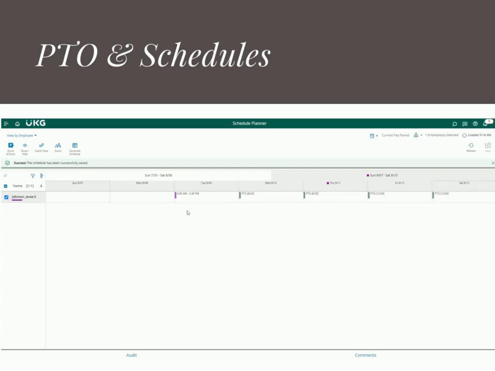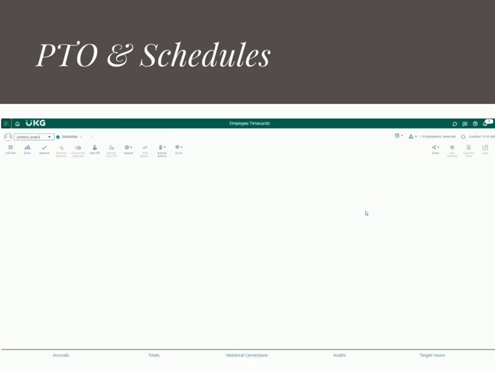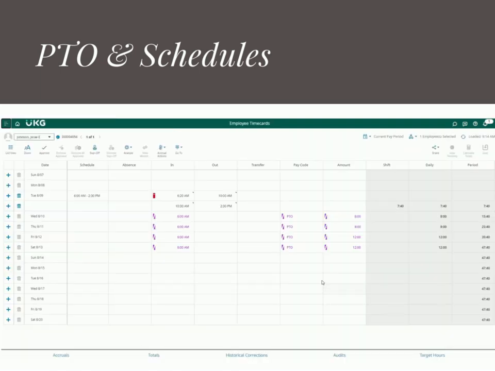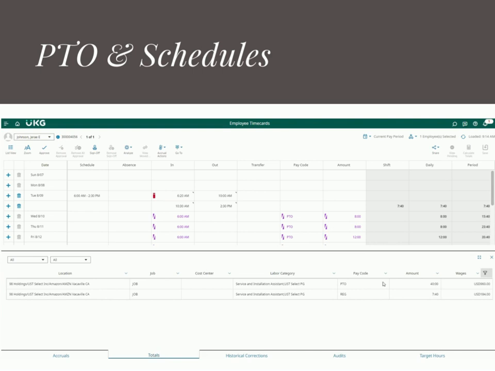Then we click Save. And if we right-click again, we can go back to the time card. And we'll see that the PTO has been updated and totaled automatically. And that's it.